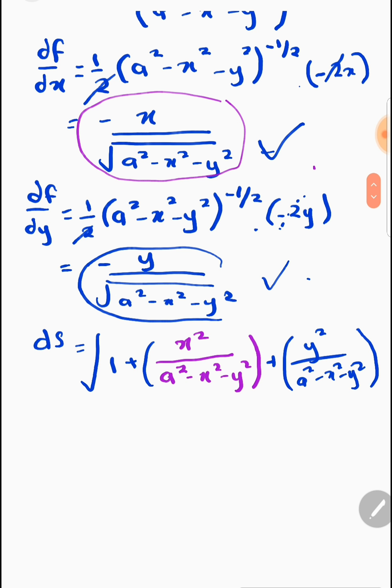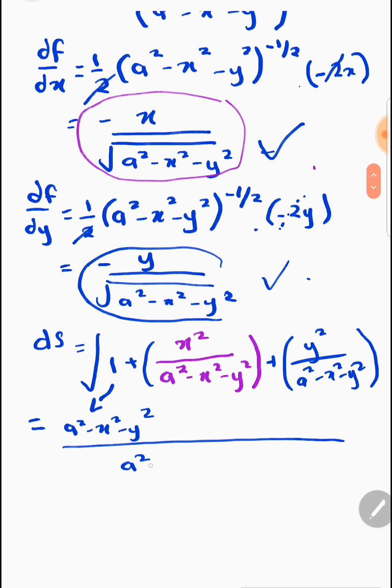And when I have something like this, I usually like to make a common denominator out of it, which will then be a square minus x square minus y square over a square minus x square minus y square. You see, right? This will then just be simplified back to 1. Now this has a common denominator, so I'm going to just add everything up in one line.